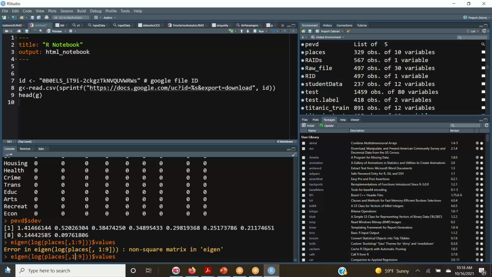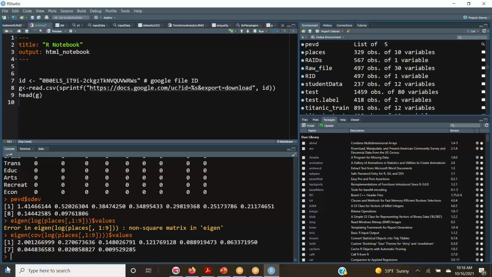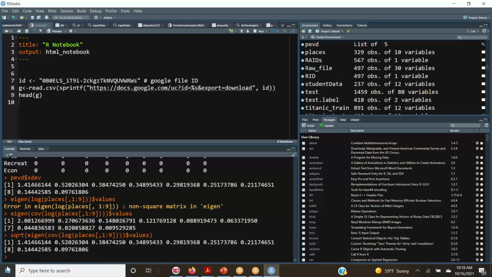Oh, covariances. I should have taken the log covariances. Okay, so this is the variance. Let's take the square root and see what it is. Yes, I think the square root. You see this one? Yes, this is really the eigenvalues, and it is called standard deviation.